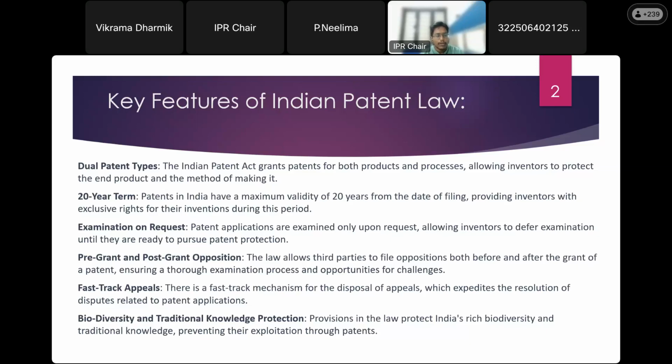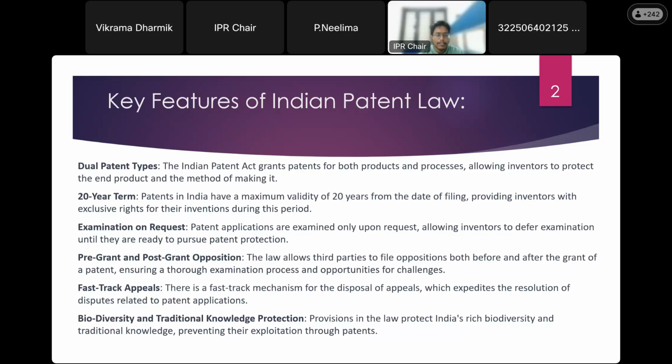Apart from this, another salient feature is the fast track appeals. For example, I said within 18 months, your patent application will be published from the date of priority. So within 18 months, the application automatically will be published. If you want your application published expeditedly, that is called proactive publication.